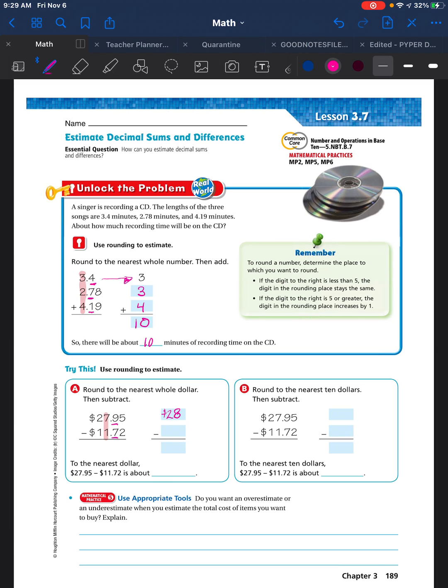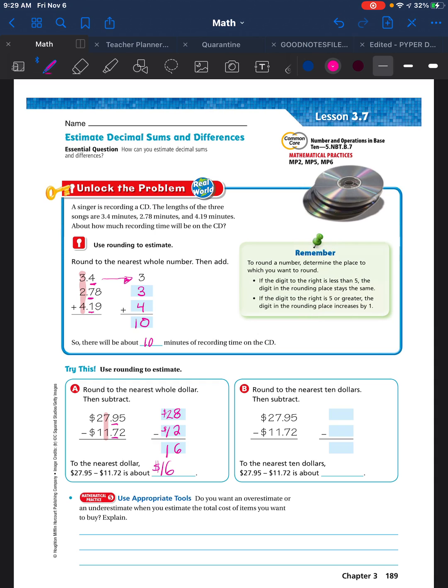And the next one I have a 7, and 7's greater than 5, so I'm going to round that up to $12. This time we're subtracting, we're not adding. So 8 minus 2 is 6, 2 minus 1 is 1, so it would be about $16.